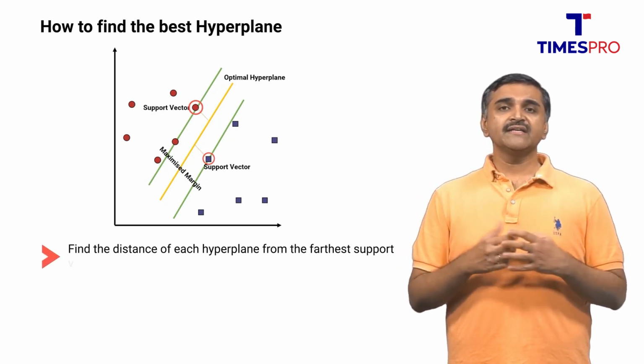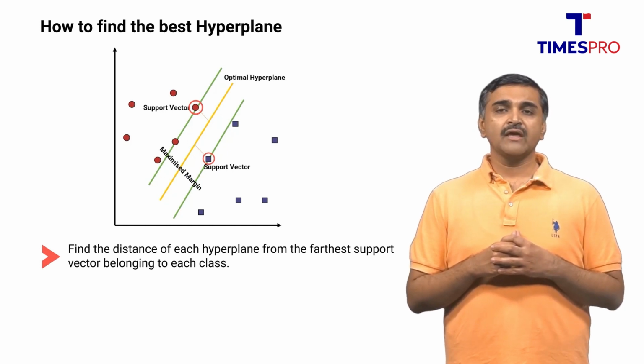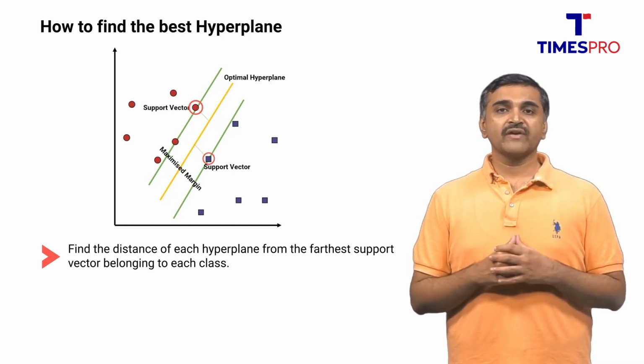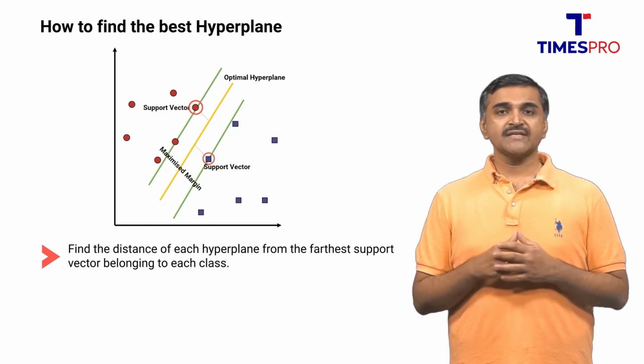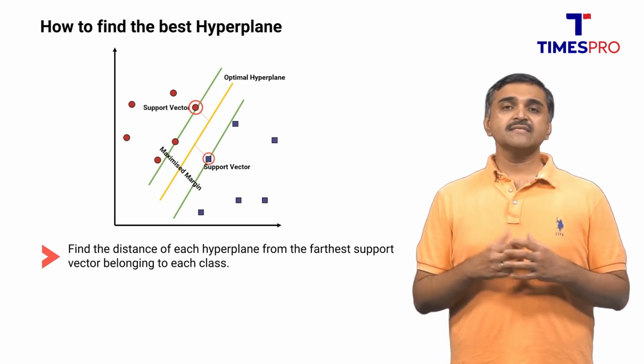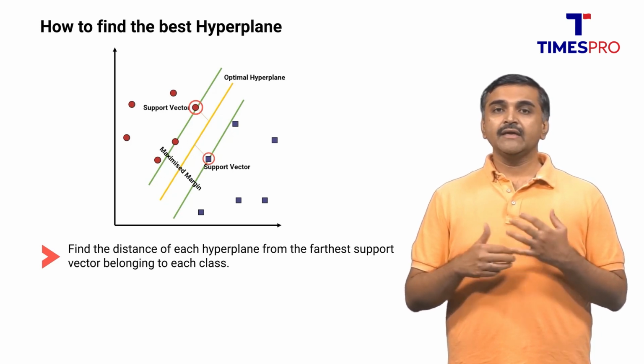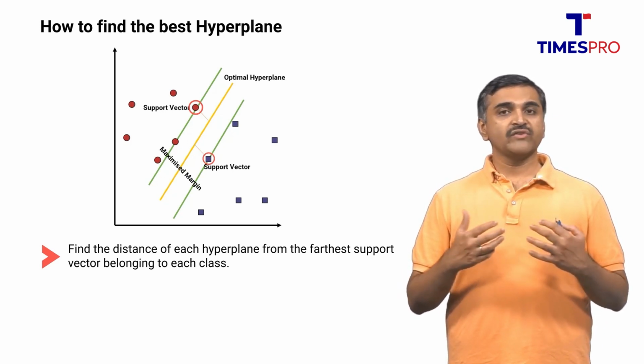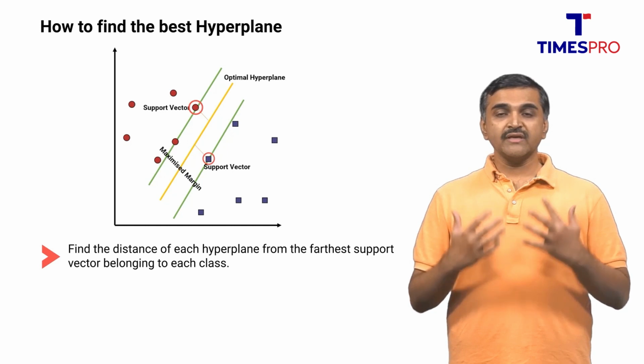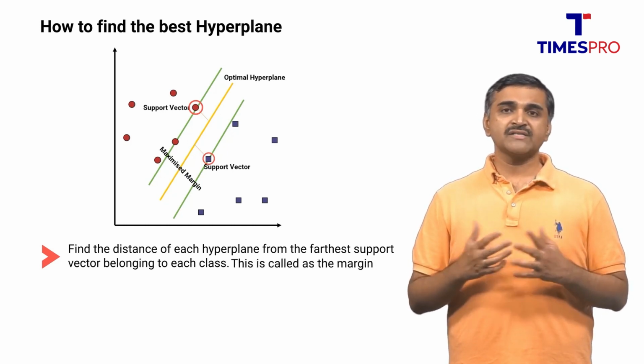So distances are being computed between the hyperplane and the farthest support vectors of each class. This is called the margin.